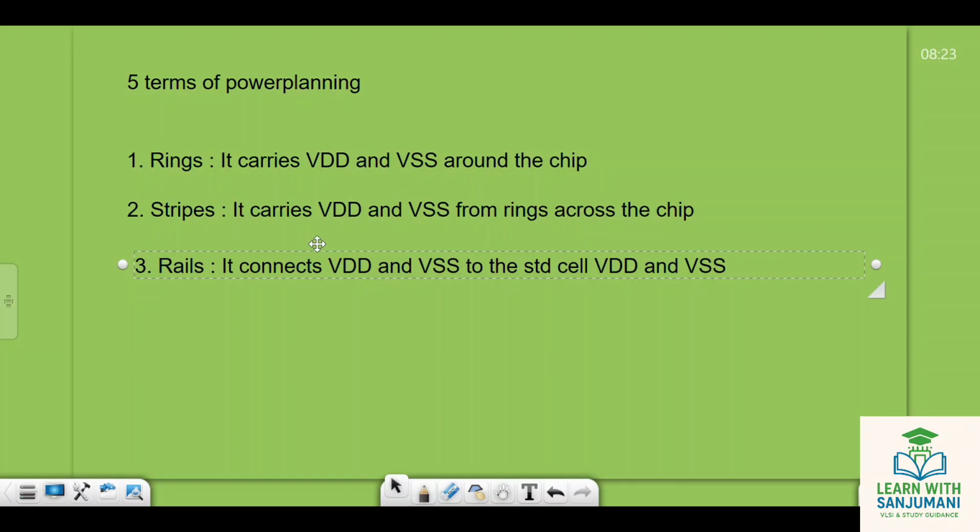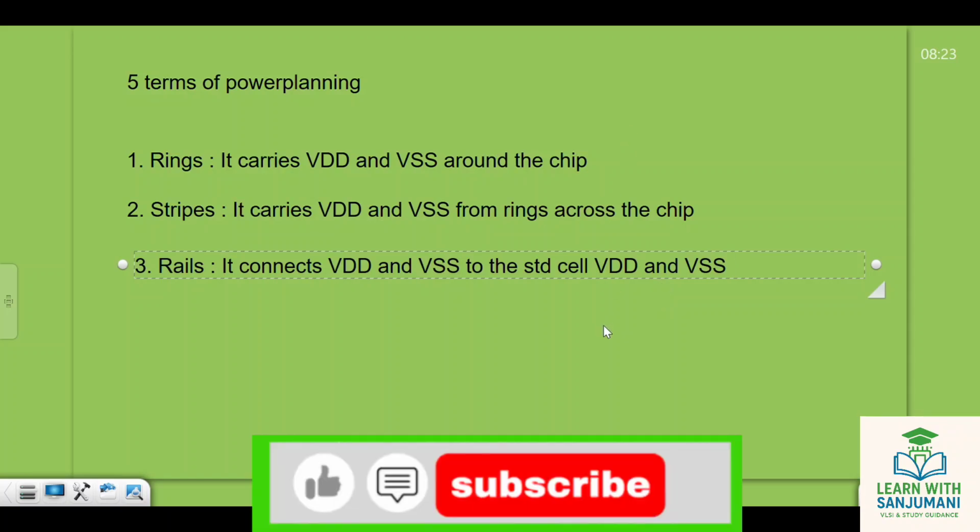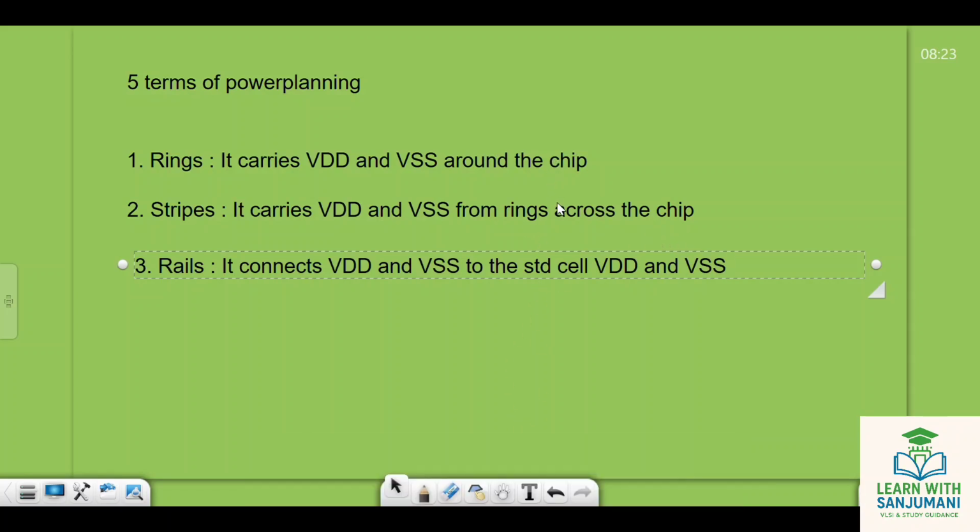Rails will connect the VDD and VSS to the standard cell VDD and VSS. Every cell has VDD and VSS. Every cell, every macro, anything will have internal power that comes from VDD and VSS. That VDD and VSS will connect to these rails. That is nothing but rails.